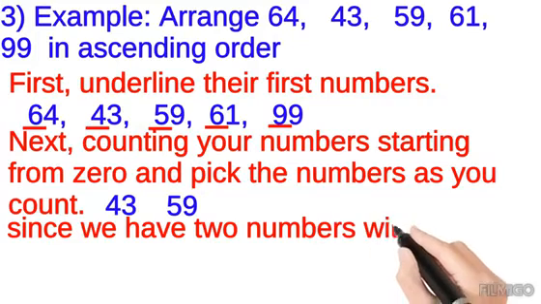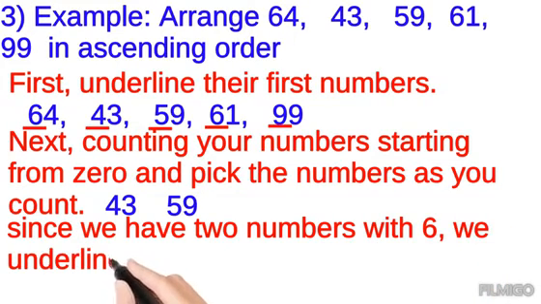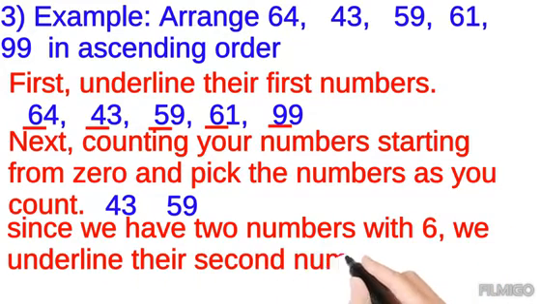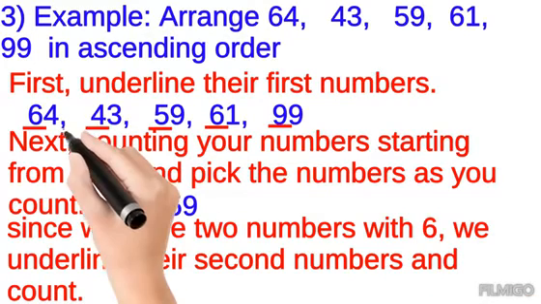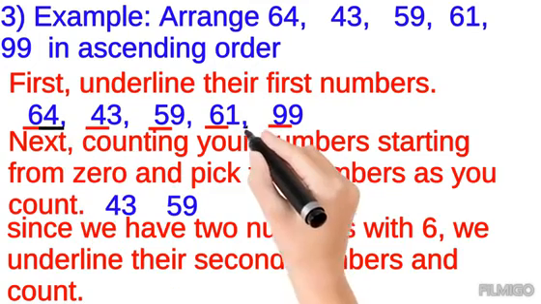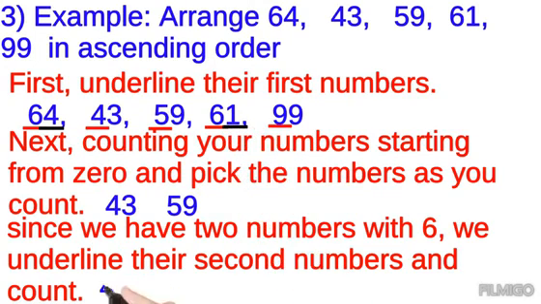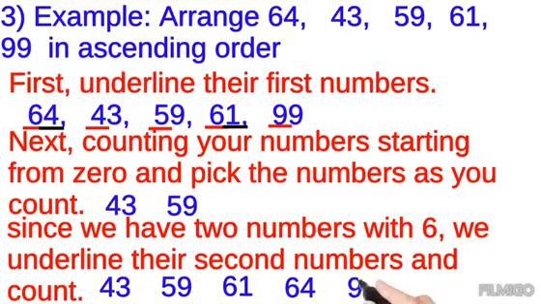Since we have 2 numbers with 6, we underline their second numbers and count. So we're going to underline 4 and 1. Remember, 1 comes before 4. So we're going to write 43, 59, 61, 64, and finally 99.